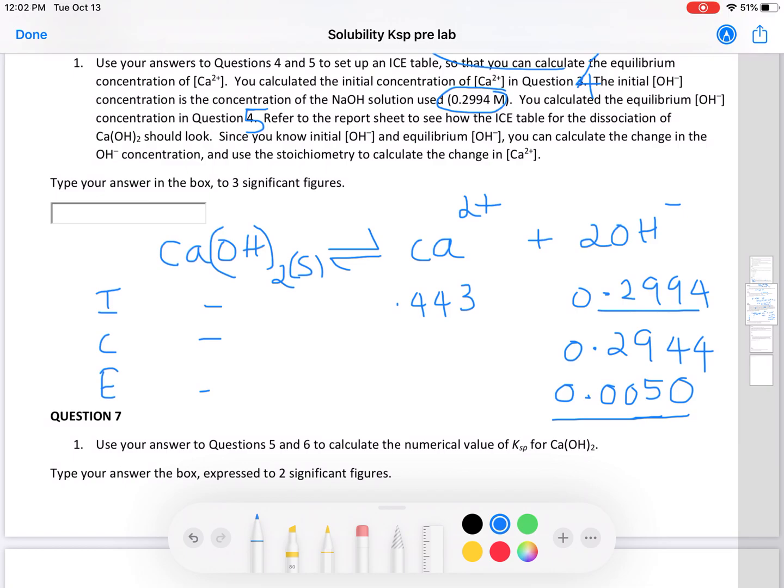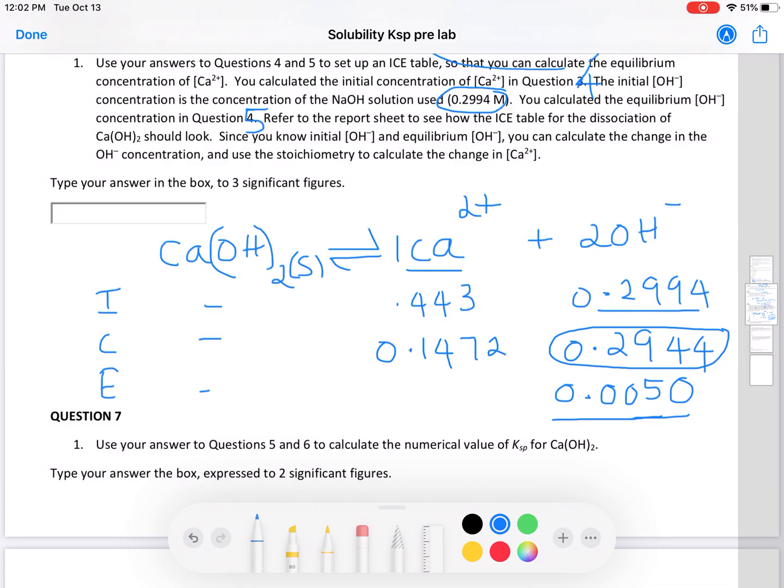Now you can see that due to the stoichiometry, 1 mole of calcium ion reacts with 2 moles of hydroxide. Since we found out the change of hydroxide is 0.2944, you have to divide that by 2 to get the calcium ion concentration change. Okay, so 0.2944 divided by 2 would be 0.1472.